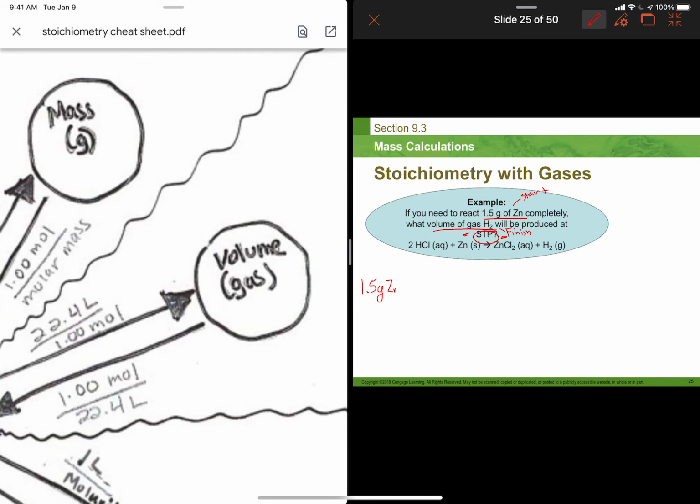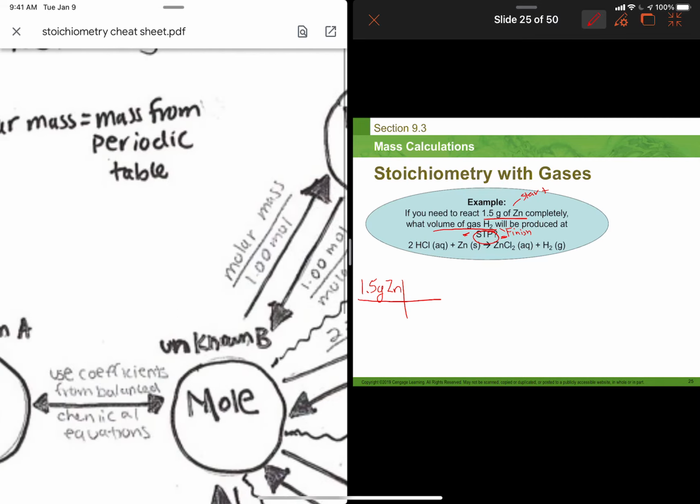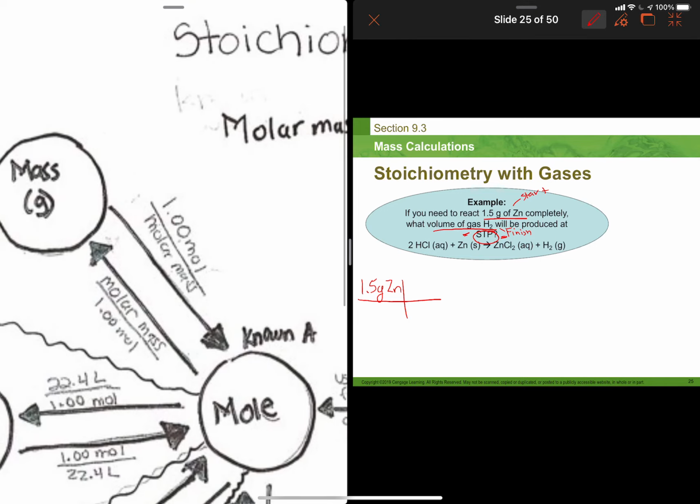So we start with 1.5 grams of zinc, and we're moving down to mole. So it's going to be 1 mole of zinc over the molar mass of zinc. If you remember, that means we have to find the molar mass in the periodic table.